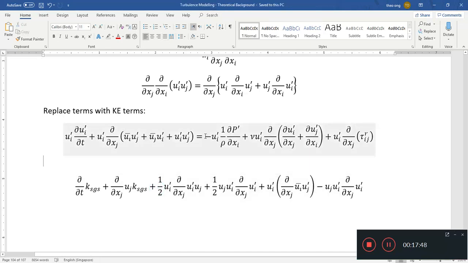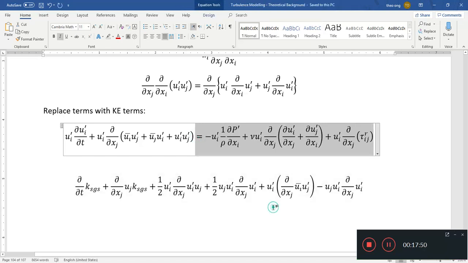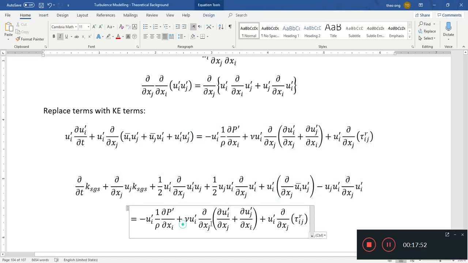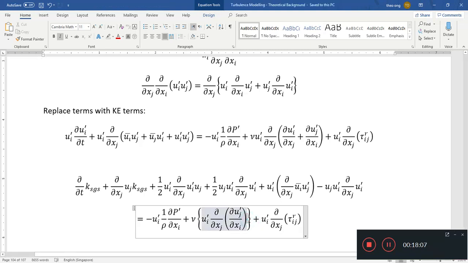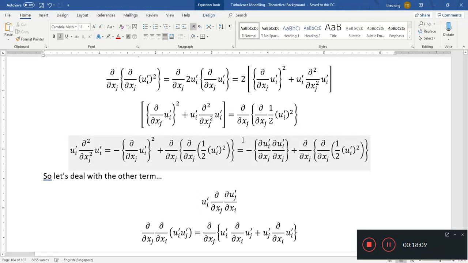Then we have the bottom where we have the pressure term. I will just leave the pressure term be, and we'll have this, which becomes these two terms. One is the term I was talking about, the viscous diffusion term, and the other is this term here.